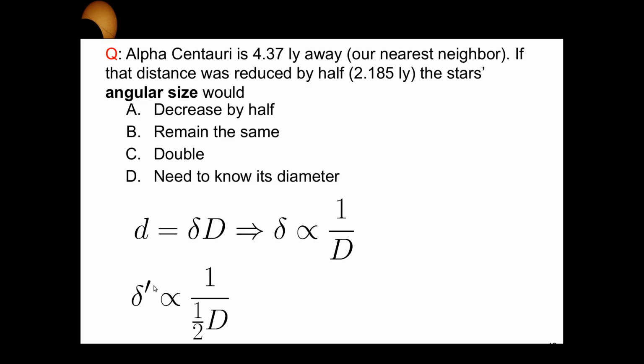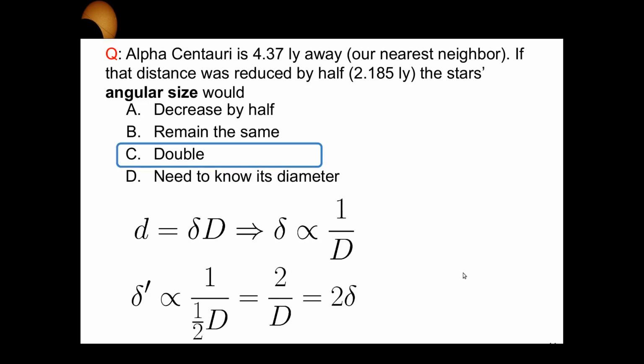We denote it with a prime here. The new angular size of Alpha Centauri is proportional to 1 over half the distance. We halve the distance to Alpha Centauri now. So 1 divided by 1/2, a half in the denominator is equivalent to a 2 in the numerator. So we say that the angular size has now doubled. When Alpha Centauri was half as close, it will be twice as big in our picture.